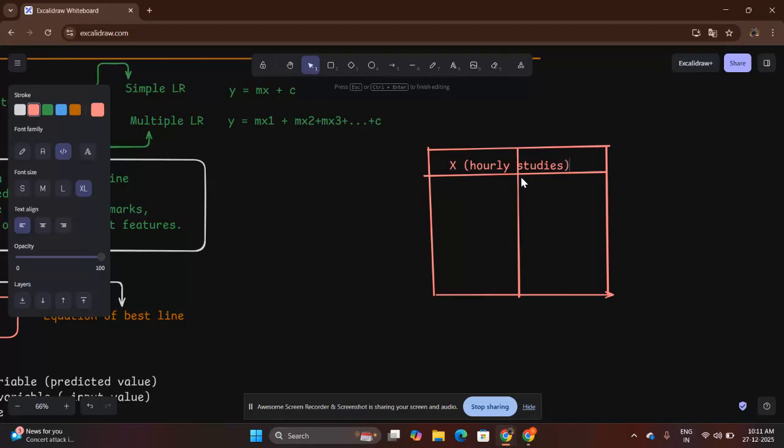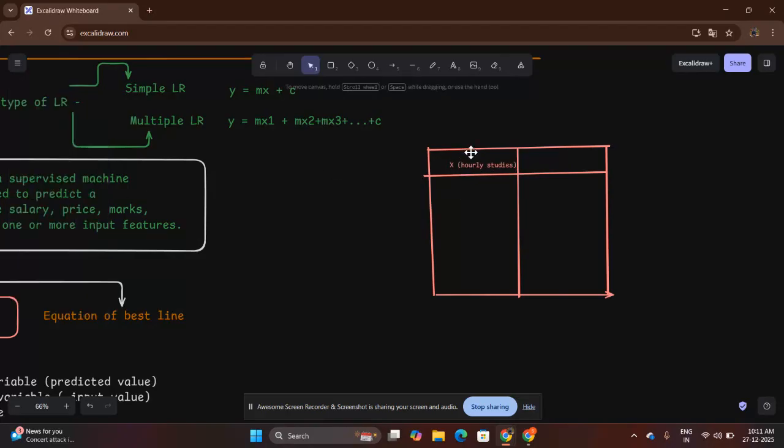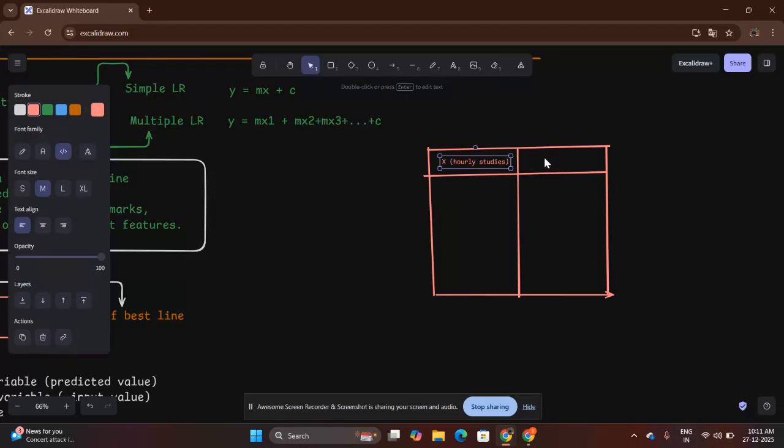This x is our studies, and the y column is for marks.